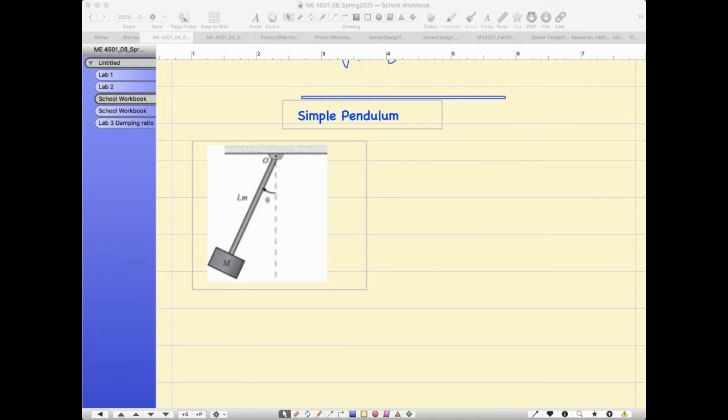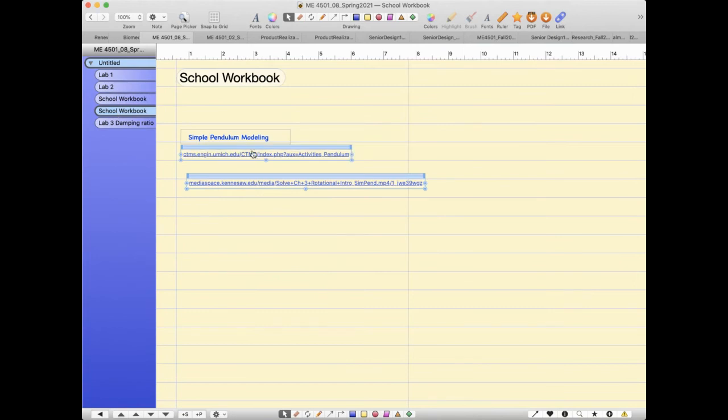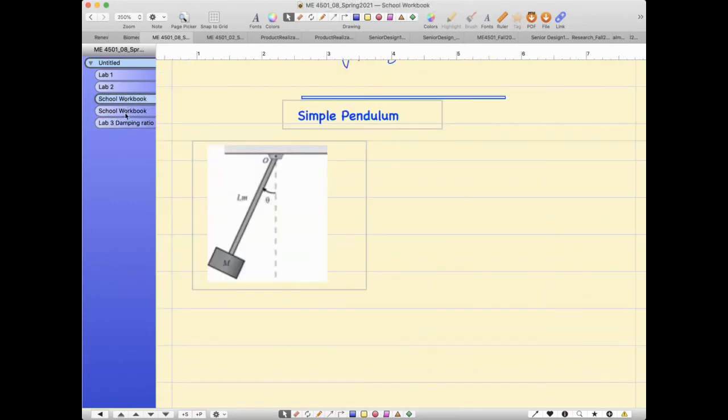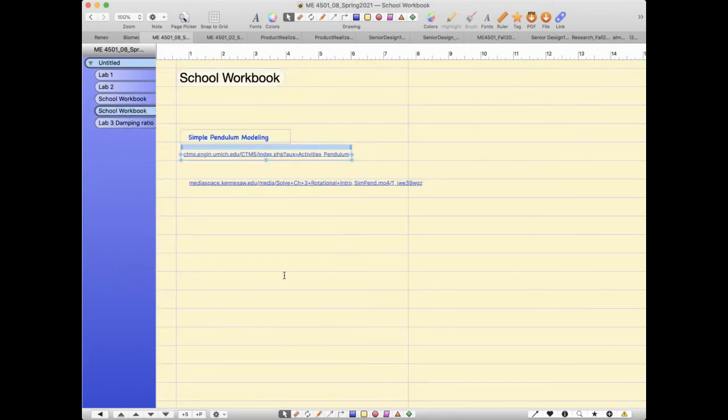What I'm going to do here. Yeah, this link. This link will help you to model a simple pendulum and find out the damping ratio for that case.